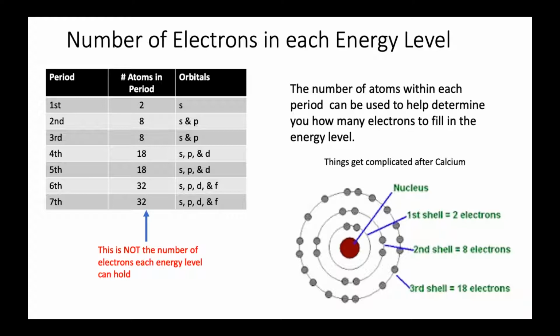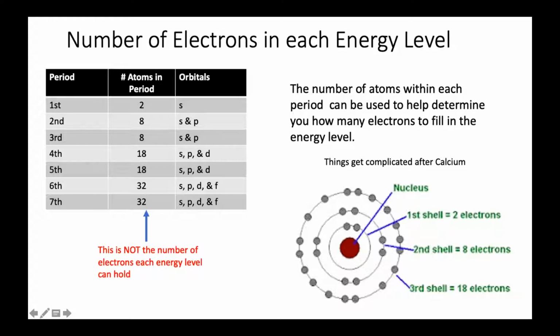If you look at this diagram over here, the first energy level has 2 electrons, just like the first period has 2 atoms. The second energy level has 8 electrons, just like the second row has 8 atoms. However, the third energy level, or the third shell, can actually hold 18 electrons, but period 3 has only 8 atoms in that row.